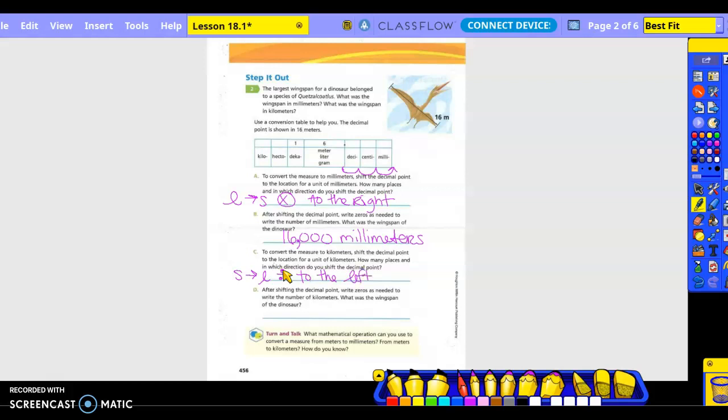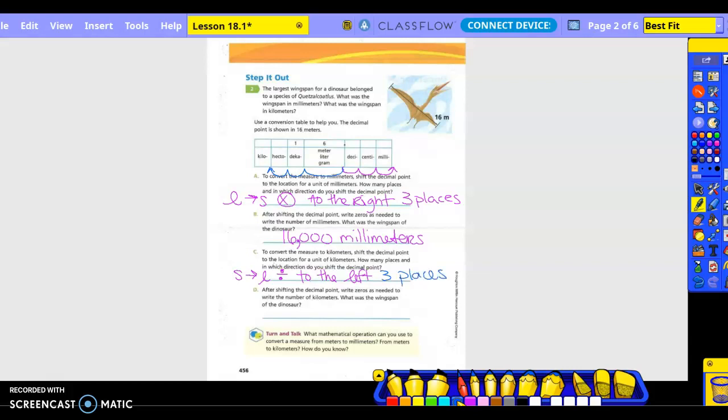And how many places to the right did we go up here? 3 places, right? To go to what do we need? Kilometers, right? How many places? So 1, 2, 3. Is that it? That's it, guys, because we hit kilometers. So we moved to the left 3 places, right?